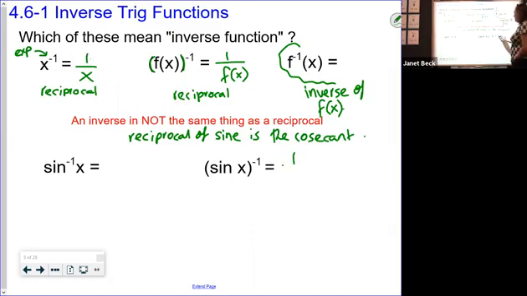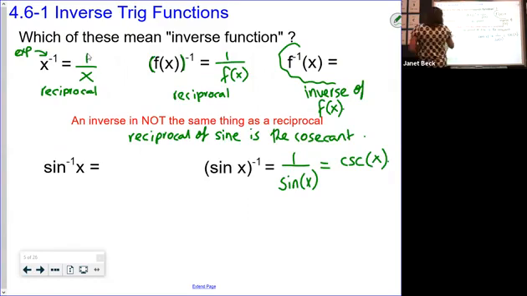This one here means 1 over sine x, which means cosecant of x. This is not an exponent. This is how we write the inverse. That means the inverse of the sine function.